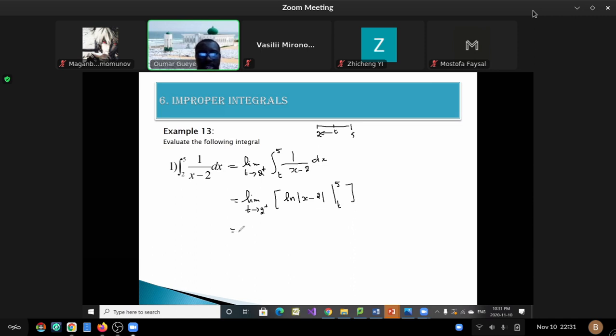We have to express this function in terms of t before calculating the limit, because we calculate the limit when t is going to 2 from the right. So we get ln of 5 minus 2, which is ln of 3, minus ln of the absolute value of t minus 2.